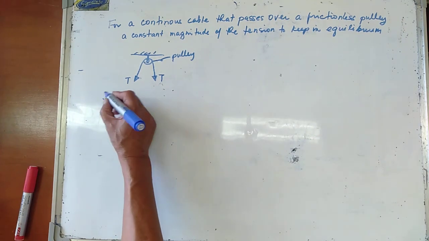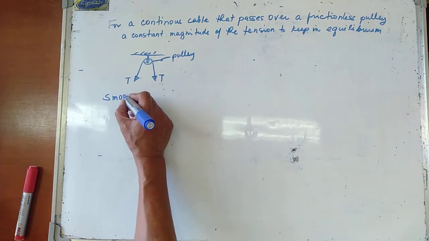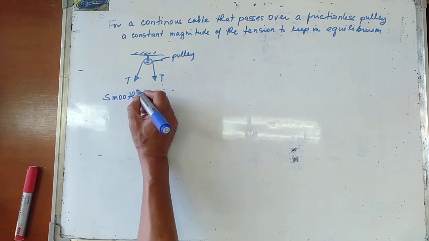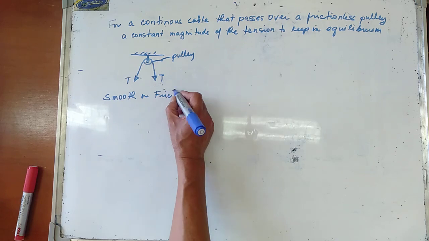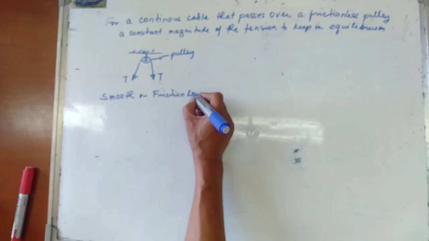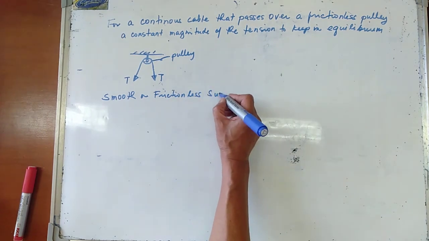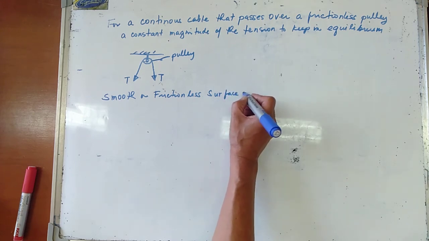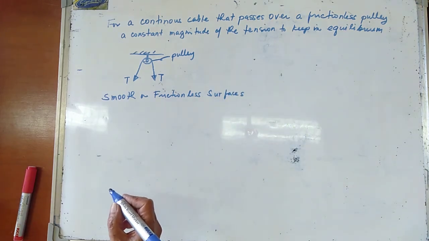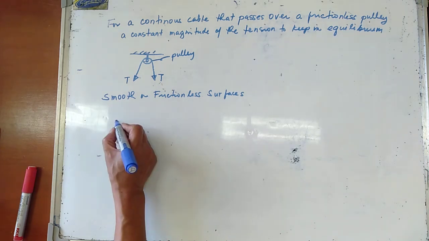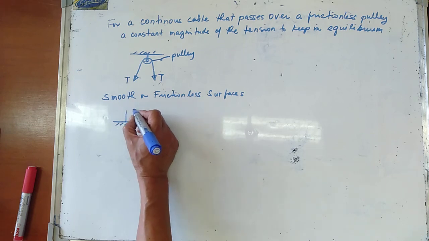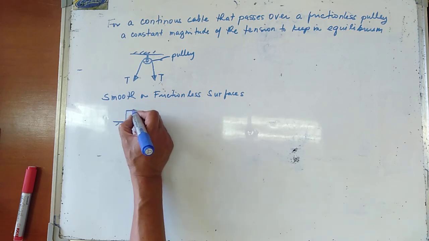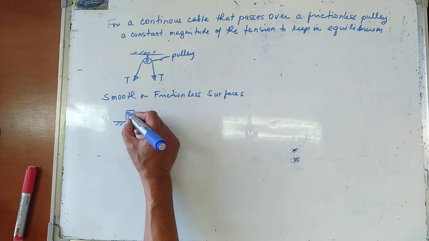And then if you have smooth surfaces or frictionless surfaces, say for example, we have a body resting on a smooth surface.